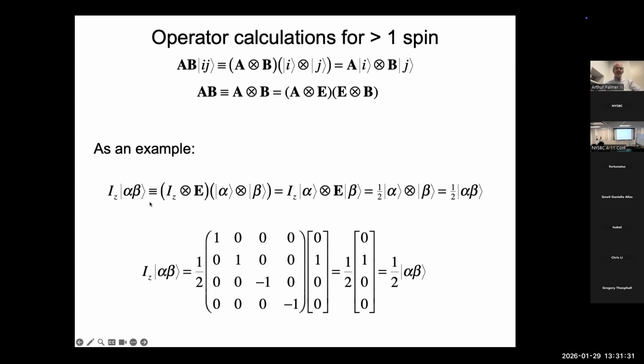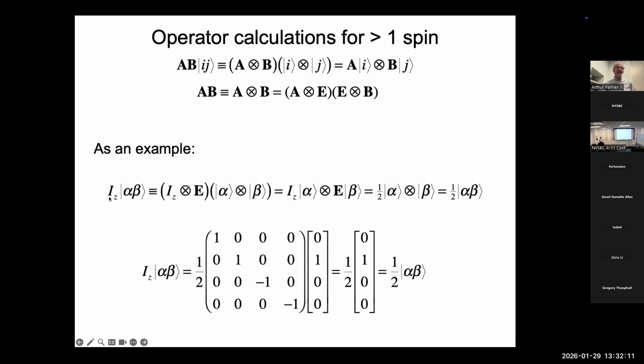So here's an example. If I want to know what happens to the alpha beta state when I operate with IZ, of course, I could take my big matrix, the matrix for IZ for the 2-spin case, take the wave function for alpha beta for the 2-spin case, multiply them together, and I recognize I get back 1/2 times what I started with.